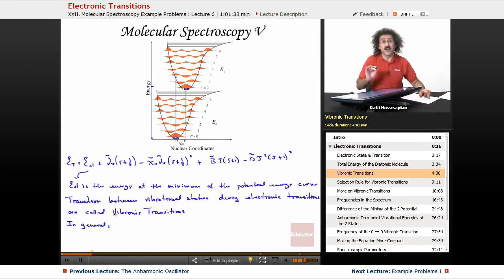Now, in general, we will ignore the rotational term. Like we said before, we ignore the rotational terms in the above equation, so it makes our equations a little bit easier to deal with.